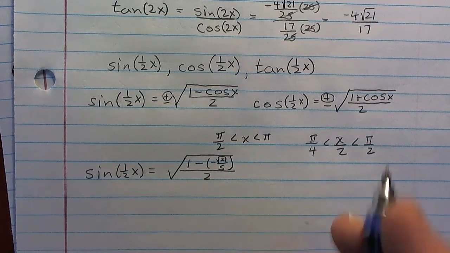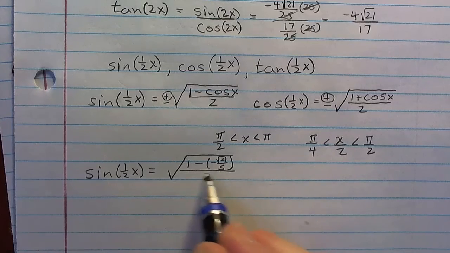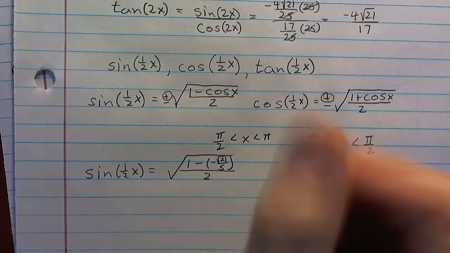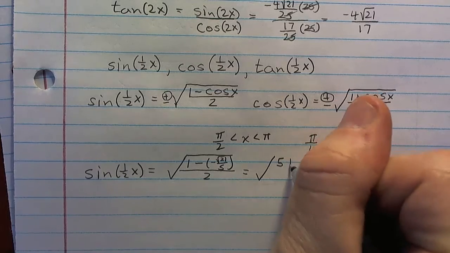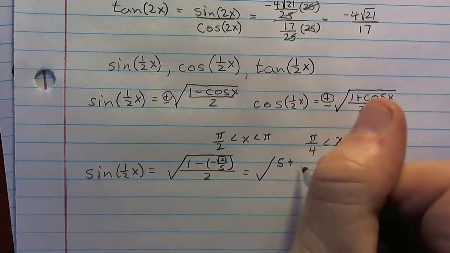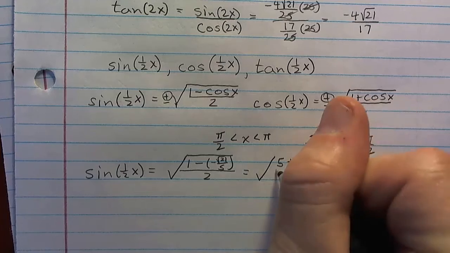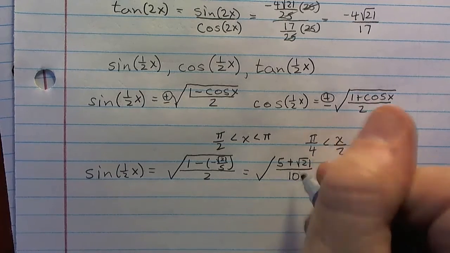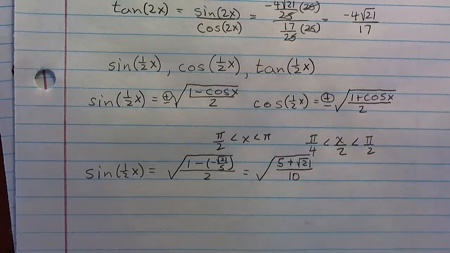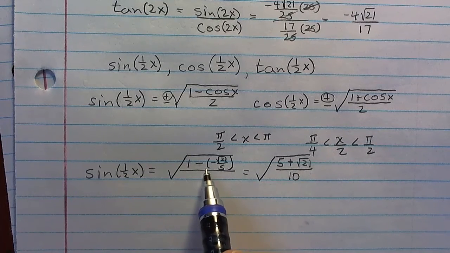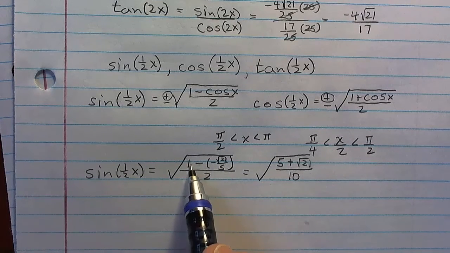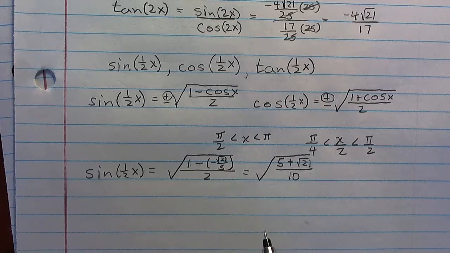Now I want to simplify it a little bit. Let me just multiply through by 5. So I'm going to get 5 plus the square root of 21 over 10. Yeah, that's it. The two negatives made a positive, and then I multiplied by 5, 5, and 5.